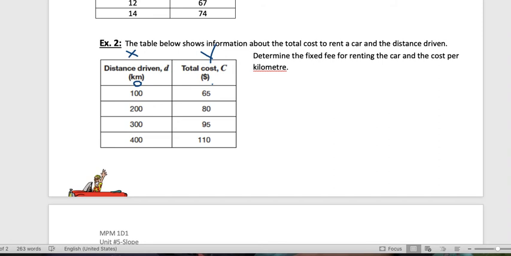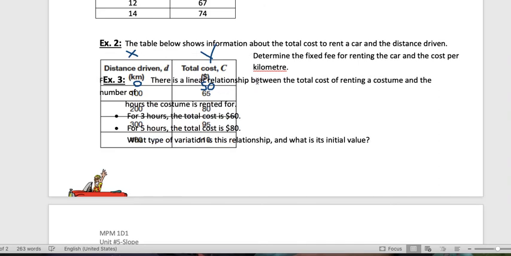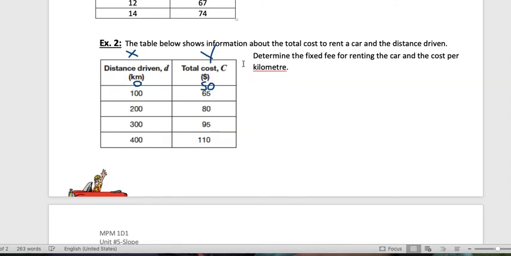If we take 15 away from 65, we get 50. So our initial value, or our fixed fee, for renting the car is $50.